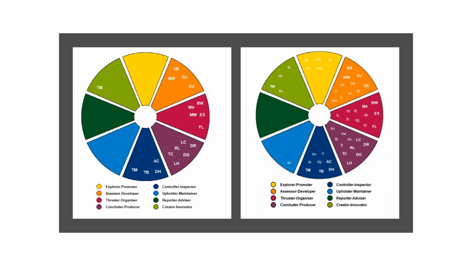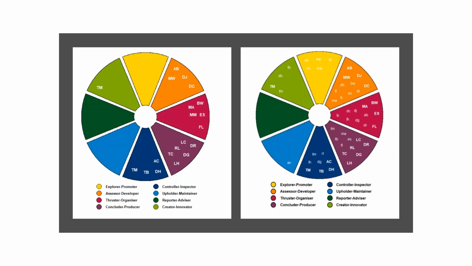Now you can see over here on the second one, on the right-hand side, what I've done is that the lowercase is their related preferences. So people have a primary, or what they refer to as a major role preference, and then they have two related role preferences. But the argument is that those three preferences, the one major and the two related, are all sustainable behaviours. In other words, they can be exhibited in a sustainable, natural way.